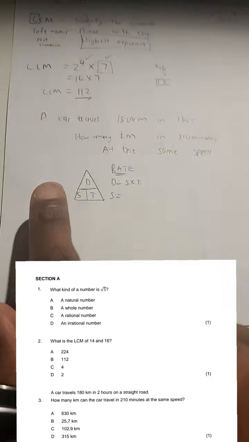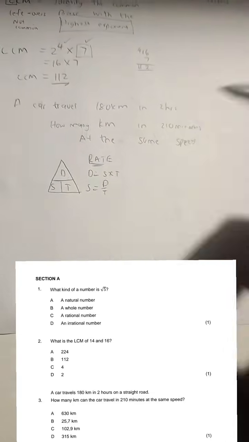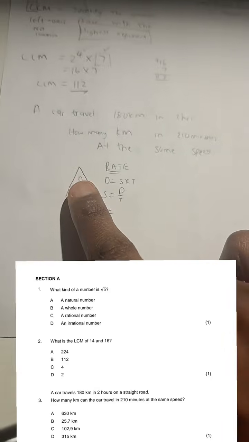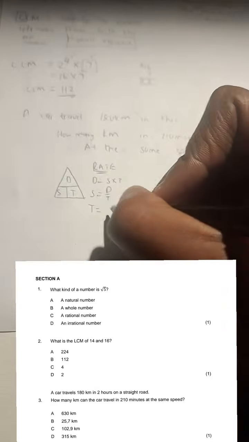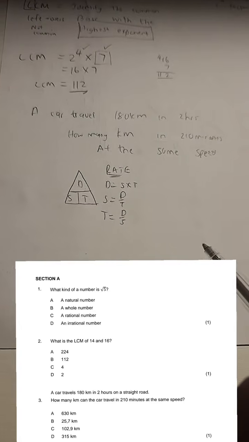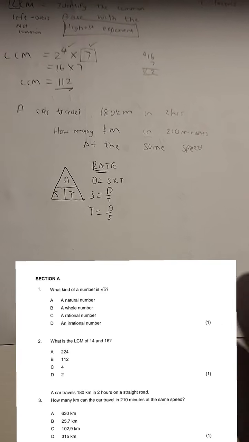S is equal to, you hide S, D over T, if you want to calculate speed, and T, hide that, is equal to D over S. So it's good to know this diagram, so that you are able to do calculations.